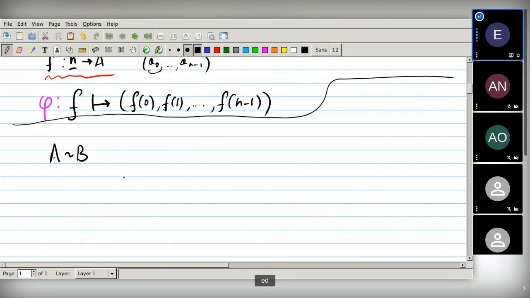This was our model, our formalization for the intuition of the same size. Two sets are of the same size, we say, if and only if there is a bijection between them.